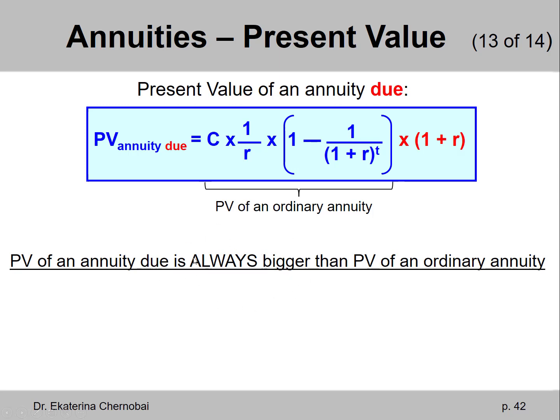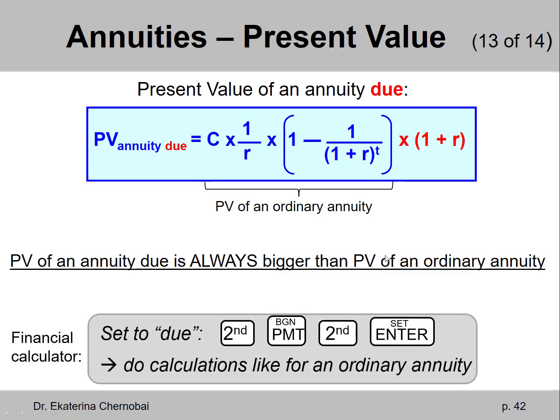And something important, this was exactly the same for the future value of an annuity due versus the future value of an ordinary annuity. With future values, it's the same result. An annuity due future value is also always bigger than an ordinary annuity future value.